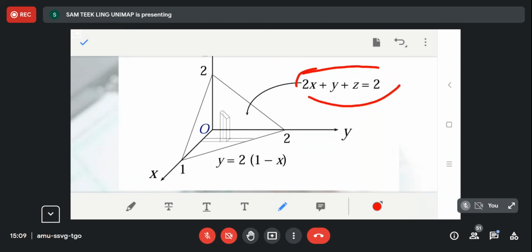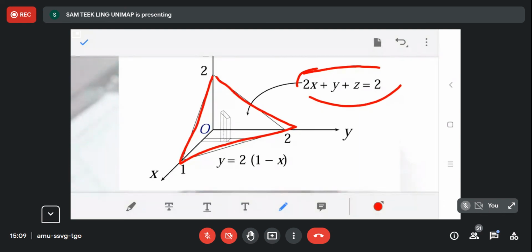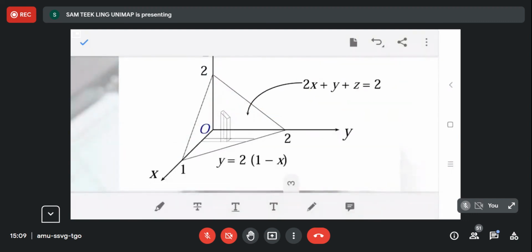Still remember, the question gives you the surface or plane 2x plus y plus z equal 2. That one is this plane. So the question gives you already 2x plus y plus z equal 2.